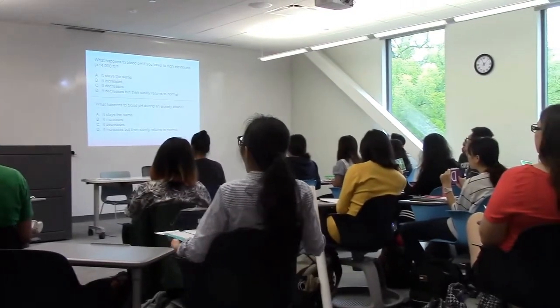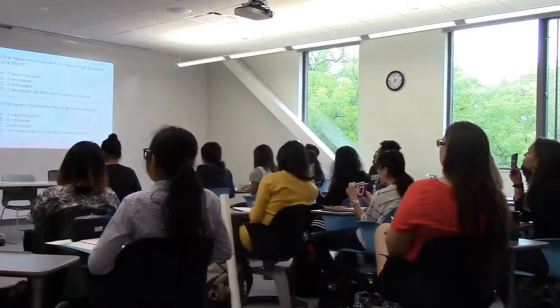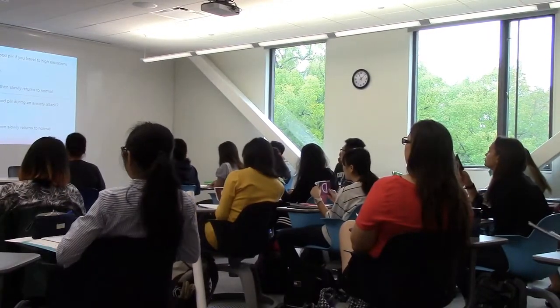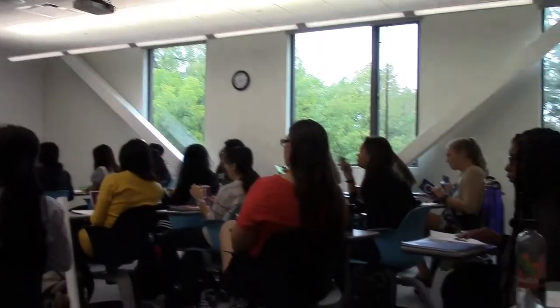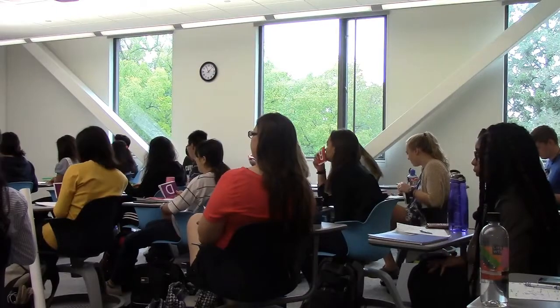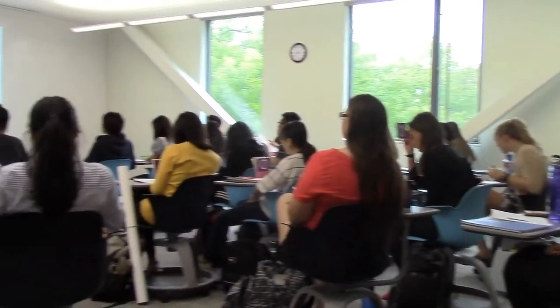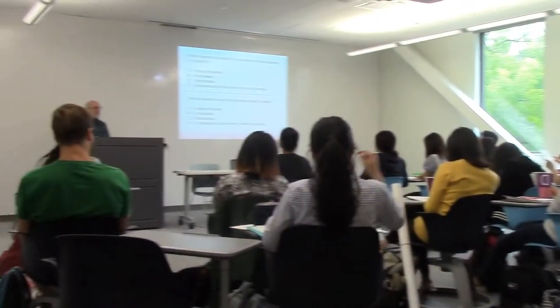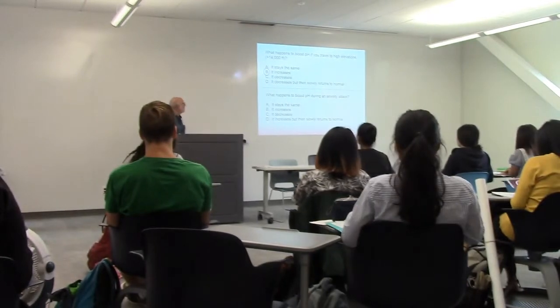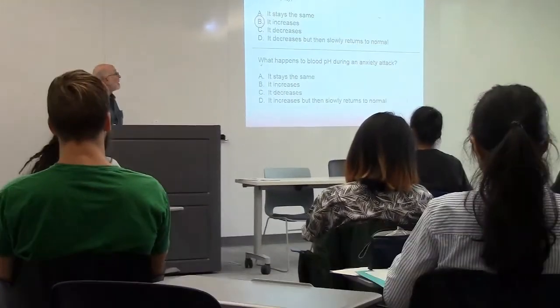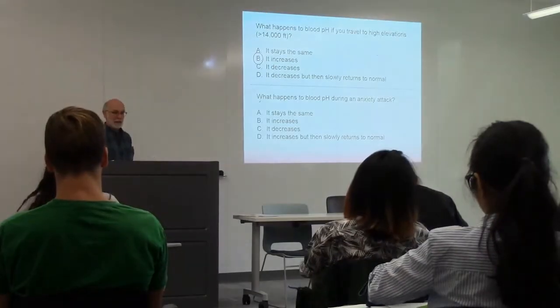This is before any compensation. So if you jump to 14,000 feet and before compensation, what happens? We're just talking about the respiratory defect. Right, B. It increases because you're hyperventilating.